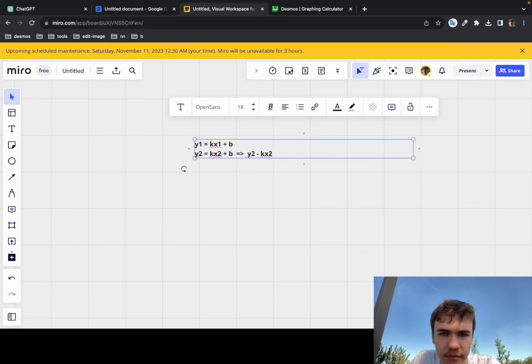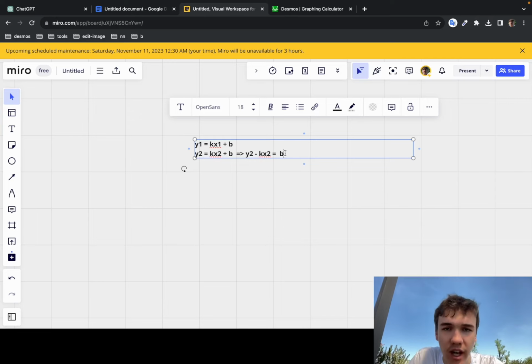So y2, then subtraction, then equal to this, and then plus b, and then subtract this. So this one will be cancelled, and we will get just b here, because 1 minus 1 is 0.